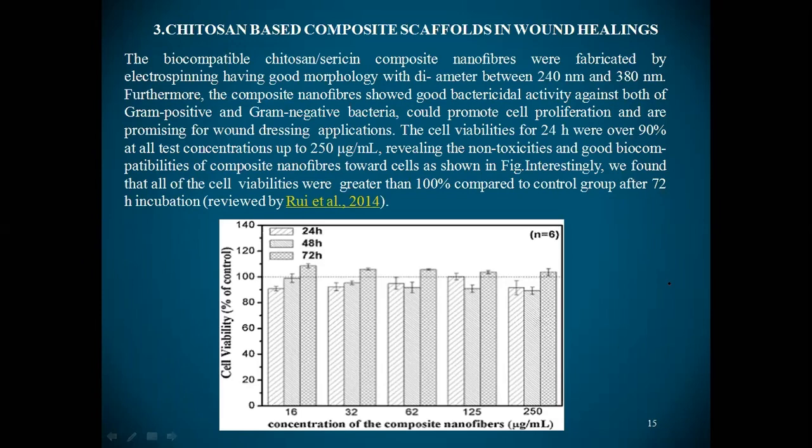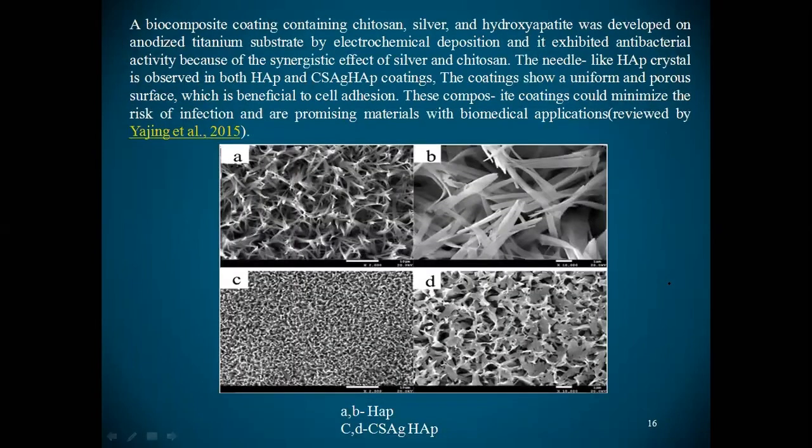From this study, we conclude chitosan is the best antimicrobial agent, and it will control the cell viability of gram-negative and gram-positive bacteria, again in different concentrations.